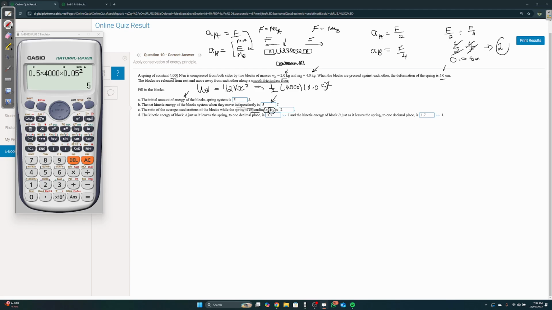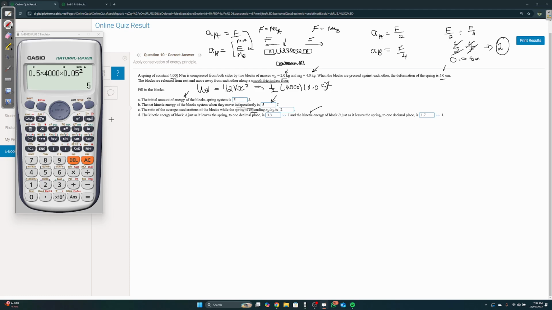You get that the ratio is 2. Very simple. I did the long math way. You can just say when it's a spring, anytime you see this case, you just divide. If it's acceleration A over acceleration B, it's equal to mass of B over mass of A. You do the opposite. Anytime you have two blocks shot out by a spring like this, since it's the same force, you can always just use the masses.